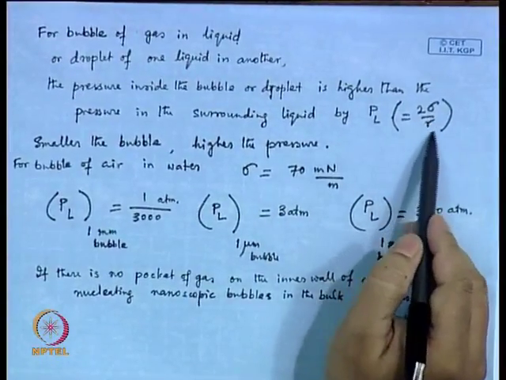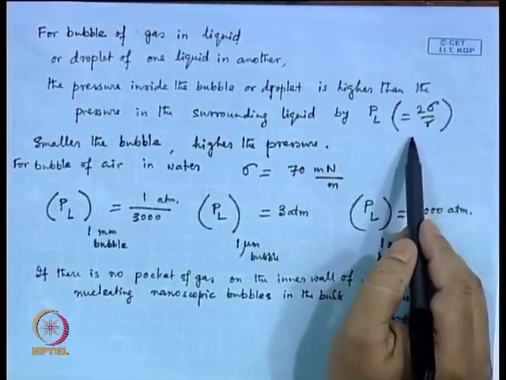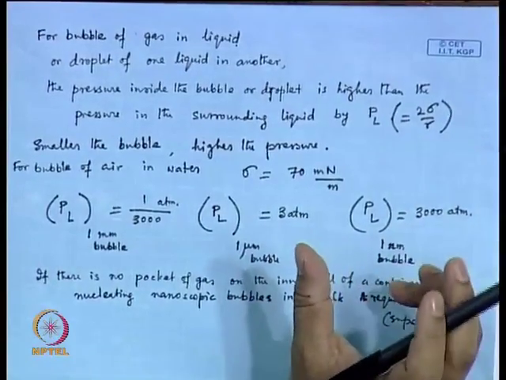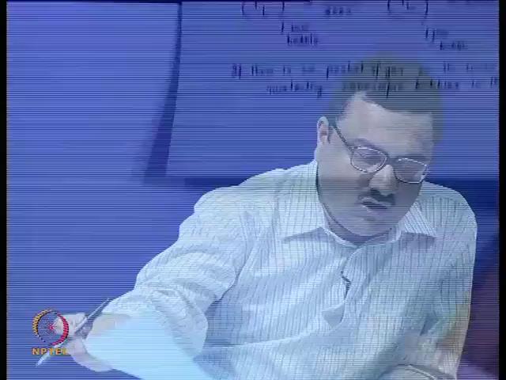Now, we have been talking about only one radius. We said that this P L is equal to 2 sigma by r. We are just working with a single sphere, but you may not have a sphere all the way.